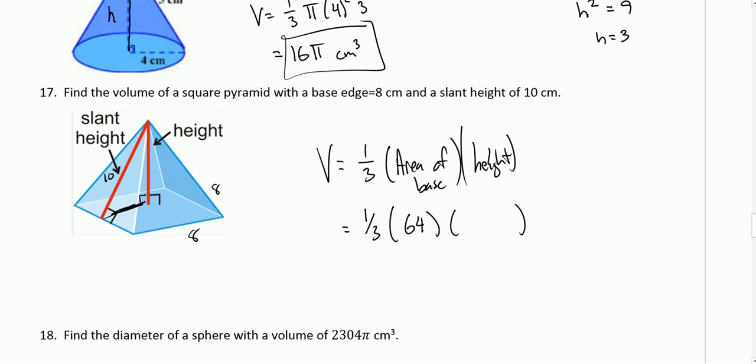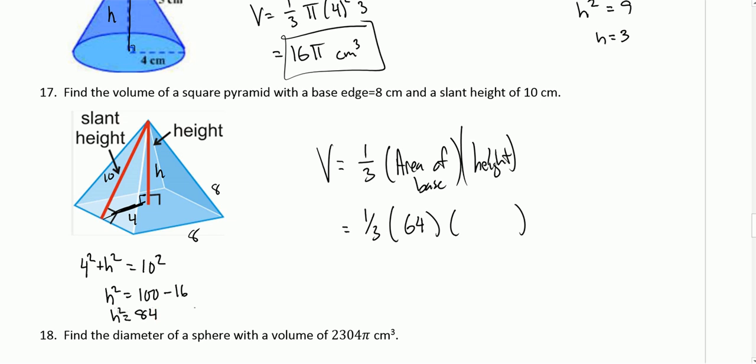The base of this right triangle here is half the length of the square, so it's 4. And so I'll call the height h and use Pythagorean theorem. 4 squared plus h squared is 10 squared. So h squared is 100 minus 16, which is 84.